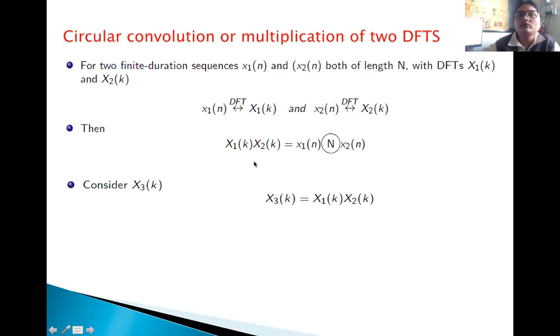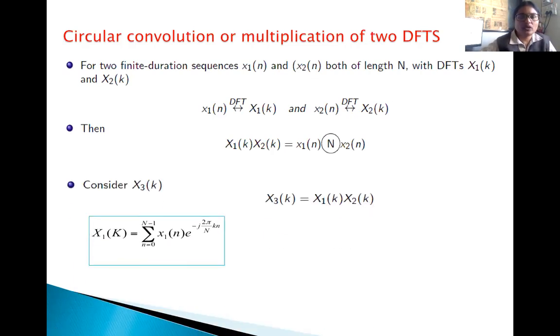Now when we multiply x1 of k by x2 of k, it will generate a third sequence. The third sequence is represented by x3 of k, which is equal to x1 of k multiplied by x2 of k. Okay, so we will write down the value of x1 of k.